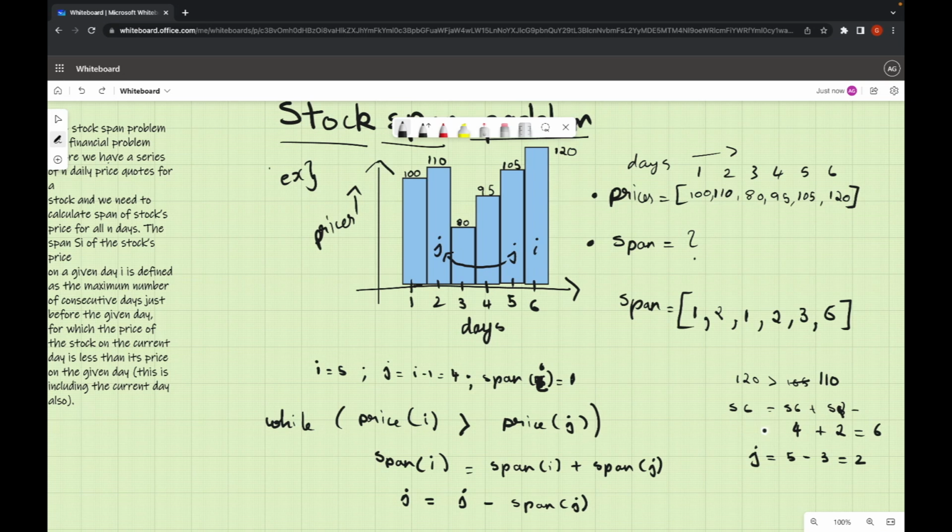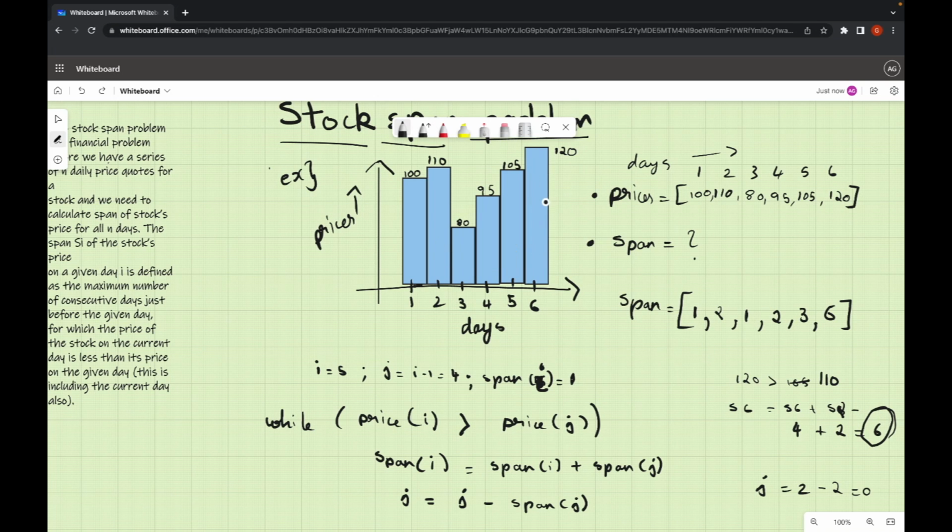Now your span of 6 is 6, and J goes from 2 minus span of 2nd day, which is 2, to 0. So you stop because j cannot be less than 1. You stop when j reaches less than 1, or you find a day where the price of ith day is less than the price of jth day. So you eventually get your span as 6.